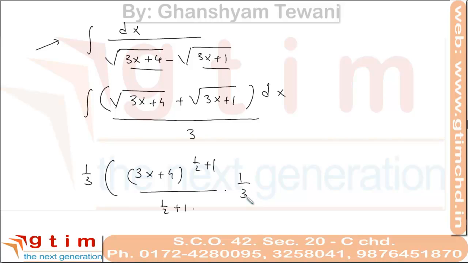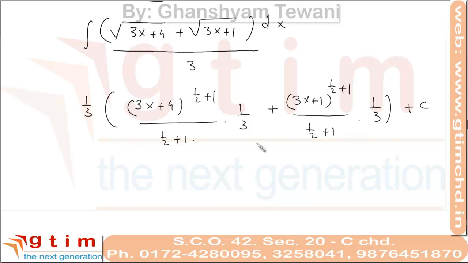In fact, we are dividing by 3, which is the coefficient of x, plus 3x plus 1 power half plus 1 upon half plus 1 multiplied by 1 upon 3. Next you can simplify this.